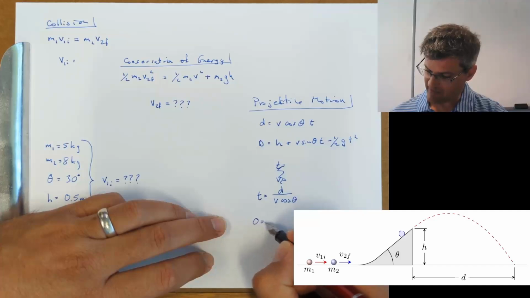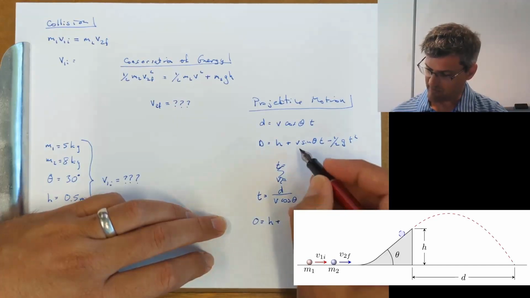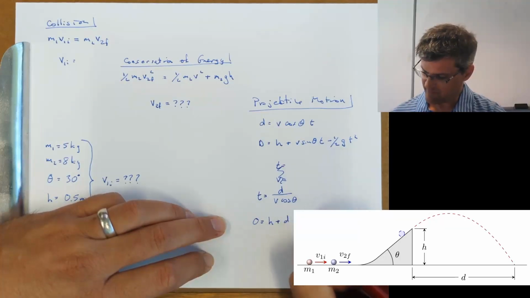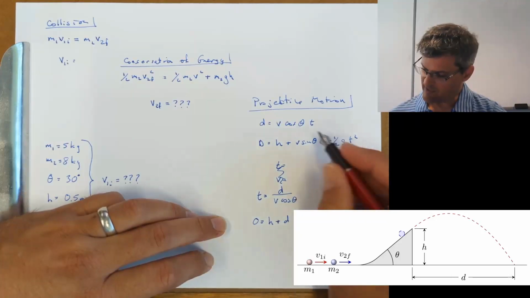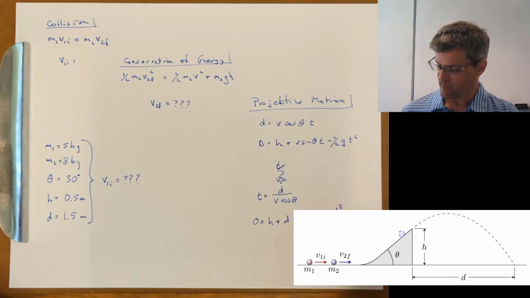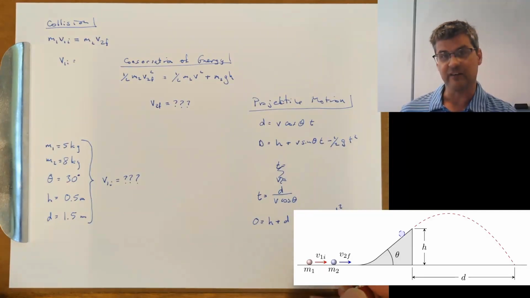It says that 0 is equal to H plus V sine theta over V cosine theta, which is just tangent theta, minus GT squared, which is G D squared over 2 V squared cosine squared theta. So from this equation, I know H, D, theta, G, everything in here except for V. So I can solve this uniquely for V.